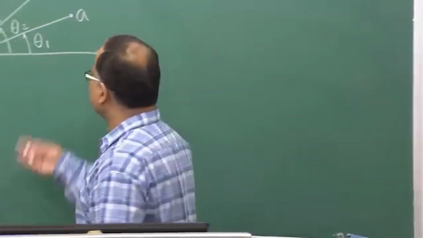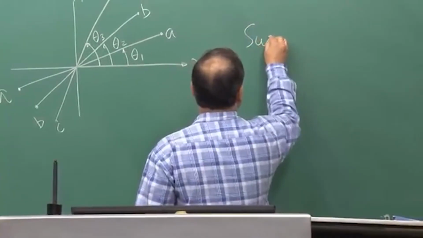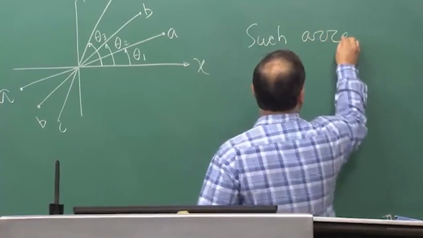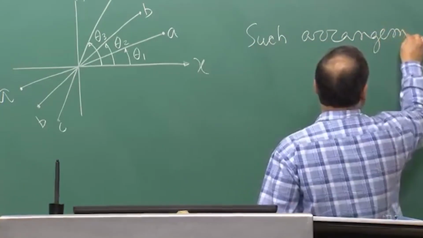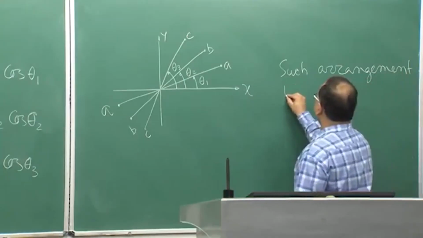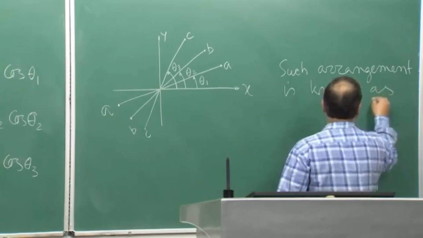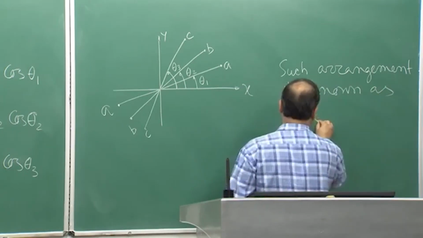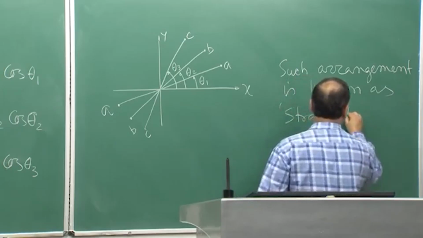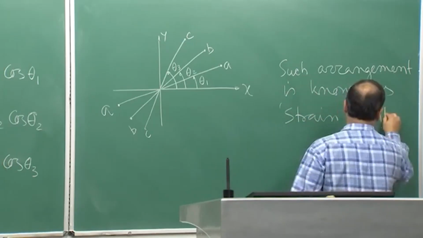So, such an arrangement is known as a strain rosette.